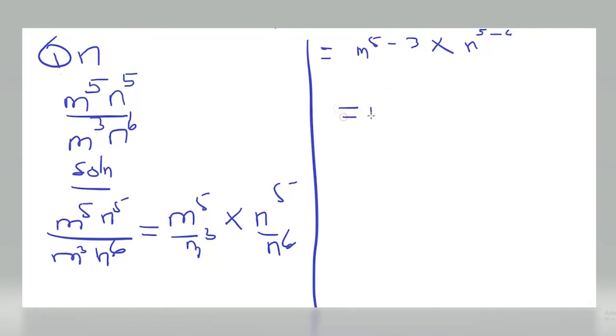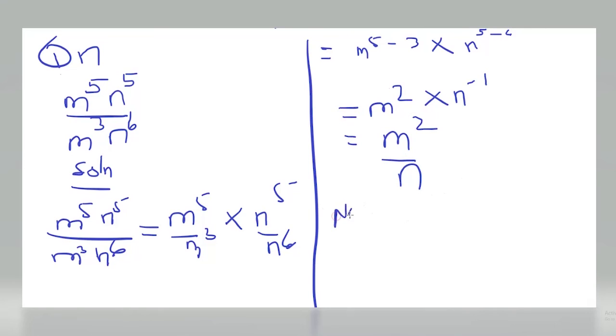Now m 5 minus 3 is 2, times n 5 minus 6 is equal to negative 1. So by writing into positive exponent, this can be m squared over n.